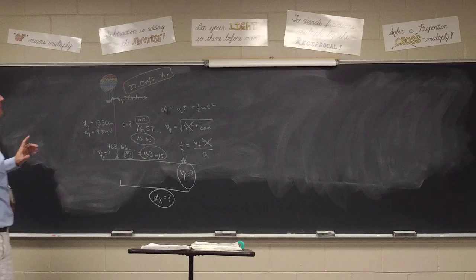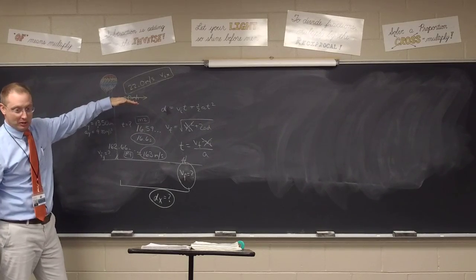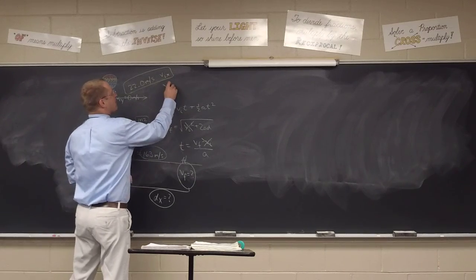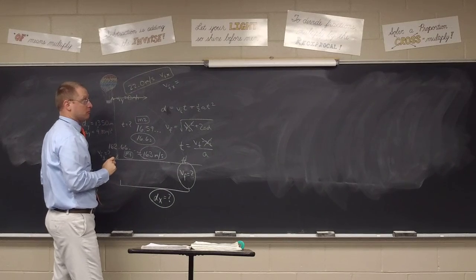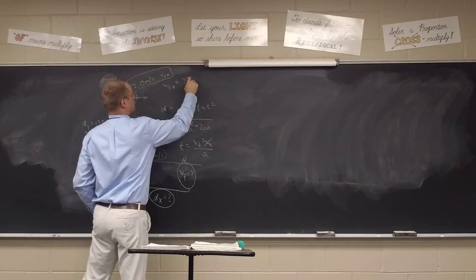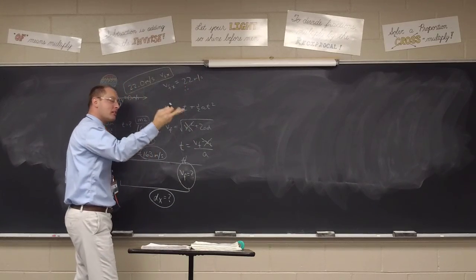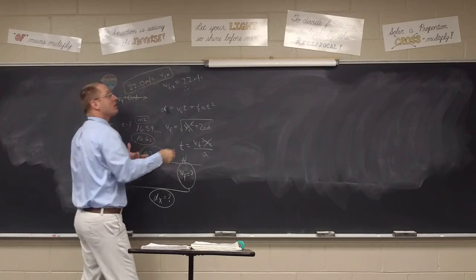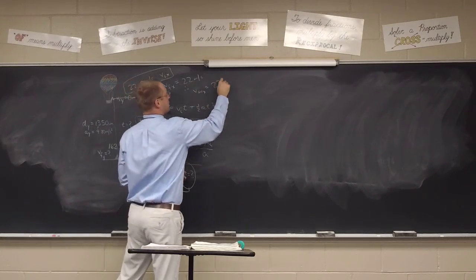All right, if the apple is thrown at 22 meters per second horizontally, that's the initial velocity in the x. What will be the final velocity in the x, class? Also 22 meters per second. Therefore, we could say, class, that if the initial and the final are both 22, the average velocity in the x is 22 meters per second.